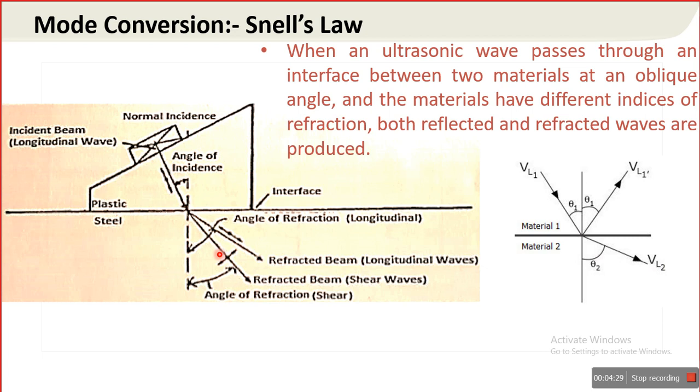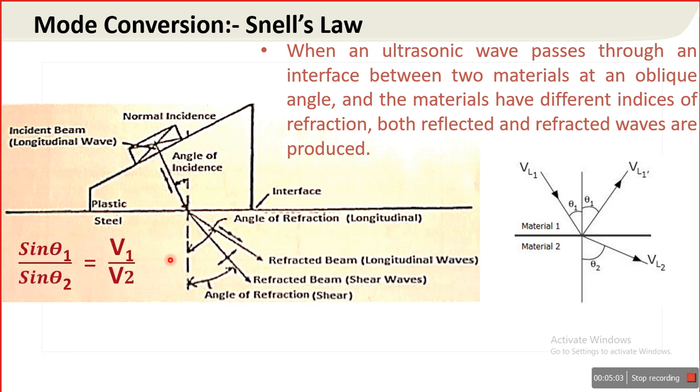As for the theory of the shear wave, when a longitudinal wave is transmitted at a predefined angle, it also generates a shear wave. So in this material, that is steel, we get two types of waves. First, the longitudinal wave, and second, the shear wave, which has a different angle with the vertical axis.